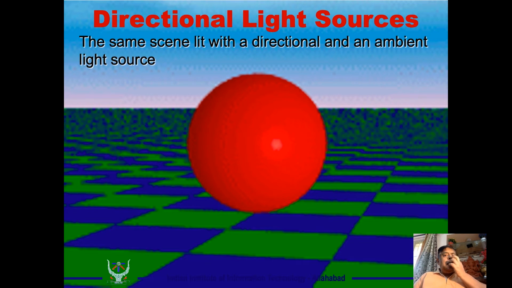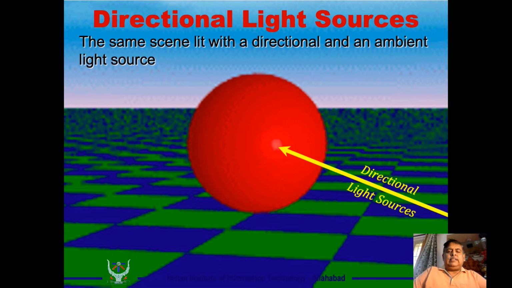The directional light source: the same scene lit with a directional and an ambient light source is shown here, and this is the direction of the light source hitting the sphere.